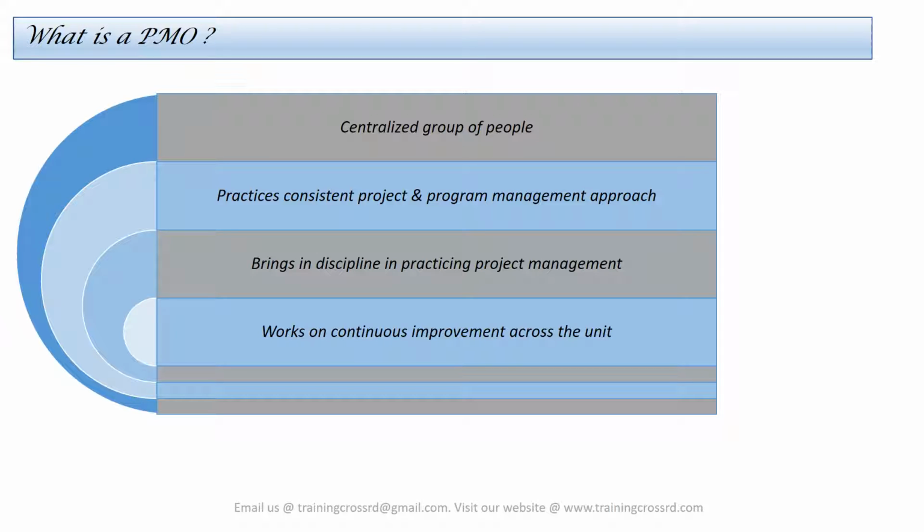They follow standard processes, standard templates, bring in the lessons learned or best practices from several other projects, and they work towards continuous improvement of the processes in the organization in terms of project and program execution.